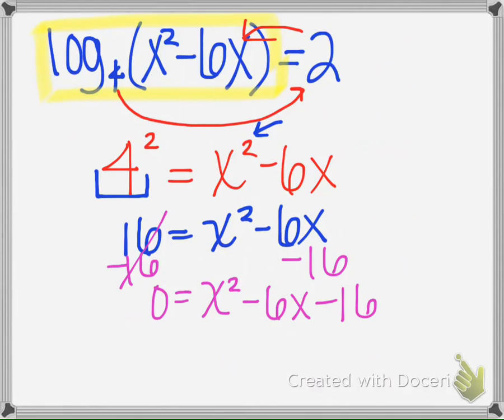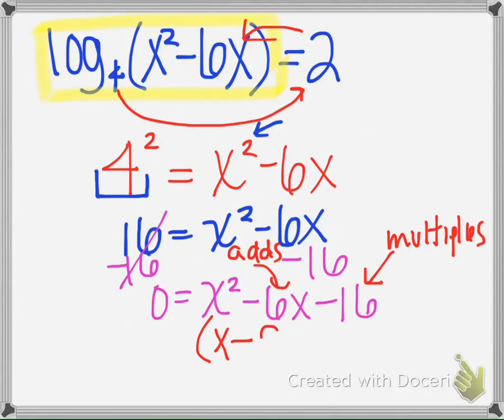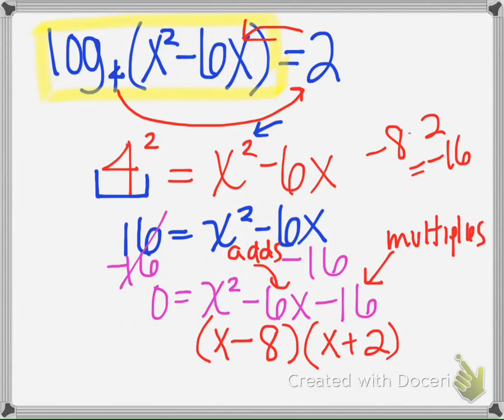So now that my equation is set equal to 0, I'm going to see what multiplies to negative 16 but adds to negative 6. So I know that x minus 8 and x plus 2 would be its factored form, because negative 8 times 2 is negative 16, and negative 8 plus 2 is negative 6.